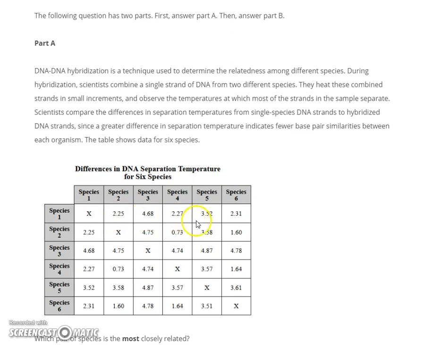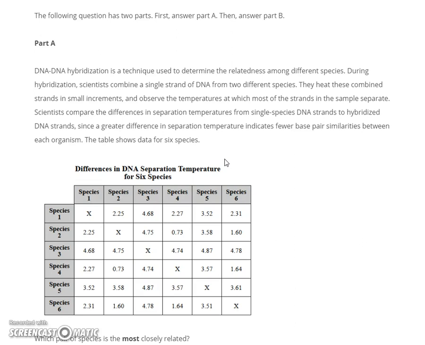This is how much lower the separation temperature is for different species of DNA, because of those hydrogen bonds being missing, because the pairs aren't lined up right. So because they don't line up well, we lose some of the hydrogen bonds. That means we can break the DNA apart at a lower temperature.